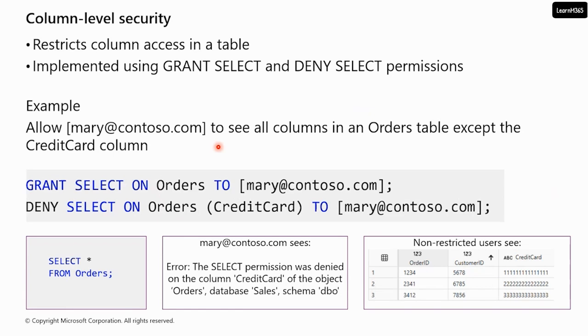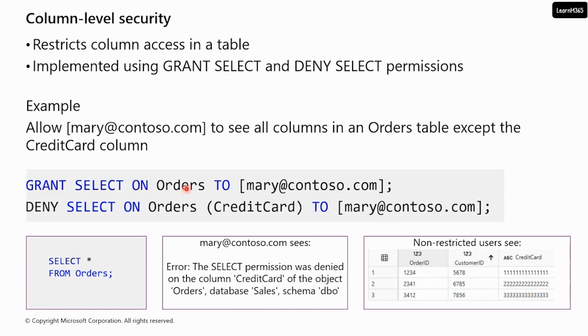If we look at column level security, this is another example which is provided. It gives you more control with sensitive information like credit card numbers, which should not be visible to all. So it will restrict the column access in a table. It is implemented using the grant select and deny select permissions.